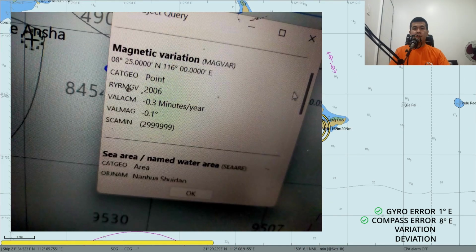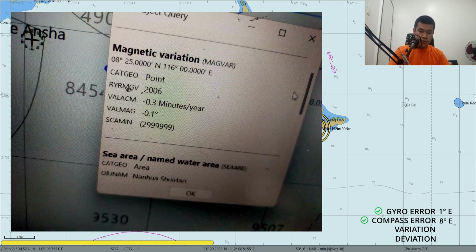Okay, so now that we have our gyro error, true heading, and compass error, it is now time to get our variation and deviation. So, we first need to correct our variation. The given variation year in this is 2006, and it has an annual variation of negative 0.3 minutes per year. And since we are correcting it, we always need to use the present year, which is 2023.